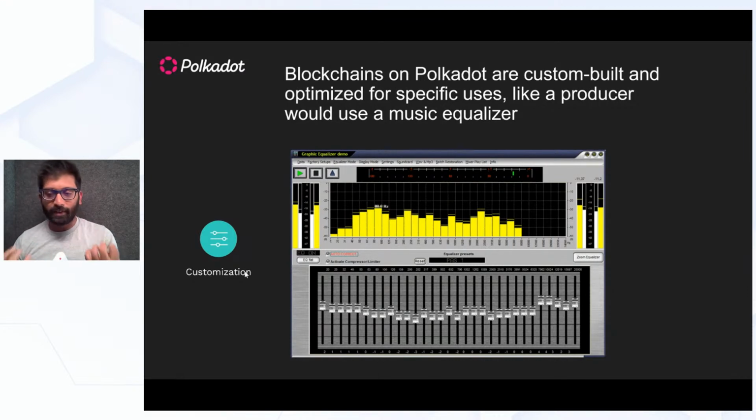Just think of music producers, or a DJ at a party, who can optimize things based on the music that's coming out. There is a way to adjust weights and do a lot of customization in the Substrate-based code to give your blockchain very streamlined functionality to execute your application efficiently.